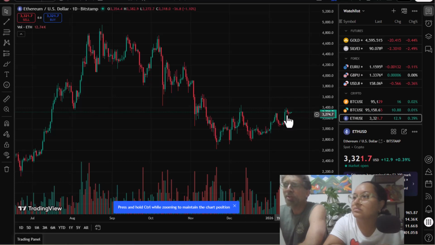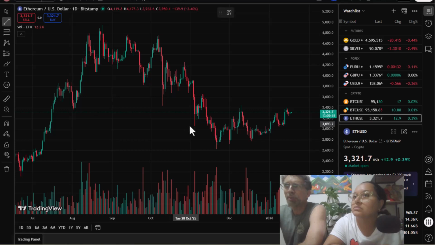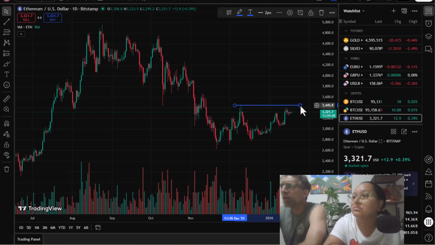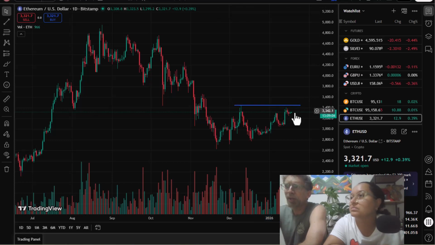What this gives you is more perspective. When you zoom out like this, see how there's a high right here? That high has been established, so very likely it's going to hit that same level and it's going to be respected. If I put a line right there, it is very possible that it will hit that high and then come back down.